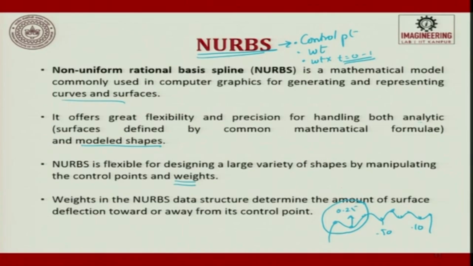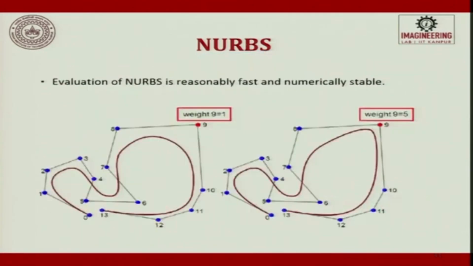Weights in the NURBS data structure determine the amount of surface deflection towards or away from the control point. The evaluation of NURBS is reasonably faster and numerically stable.